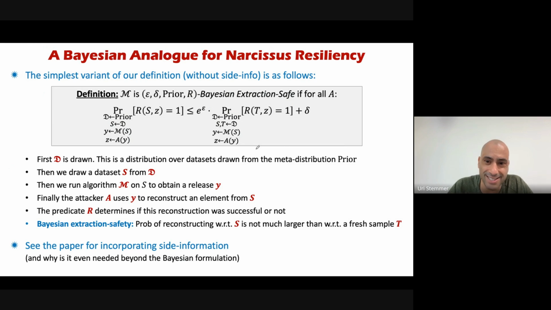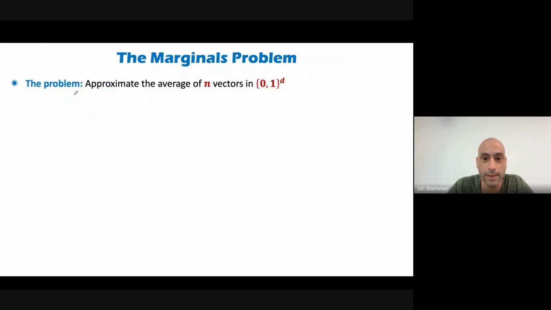It's kind of even subtle to explain why we need to explicitly incorporate additional side information beyond this prior. I mean, why can't we just take into account the side information in terms of this prior? But again, you have to see me at the conference if you're interested, or look at the paper.